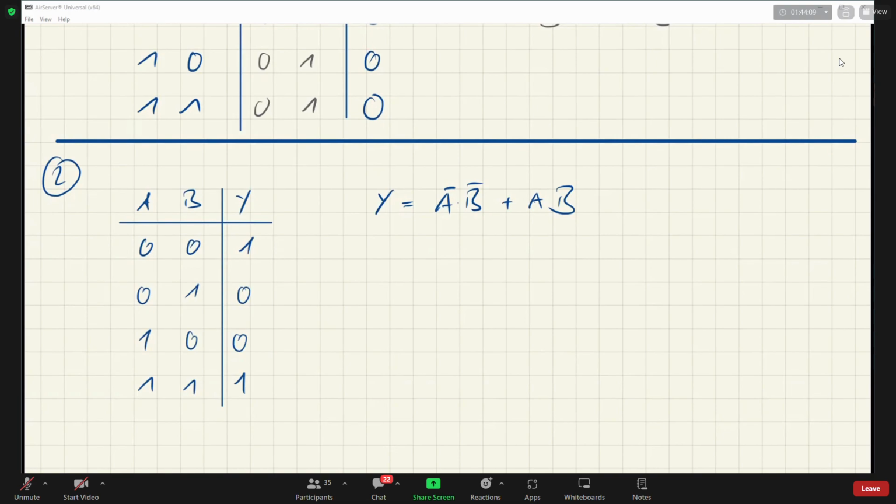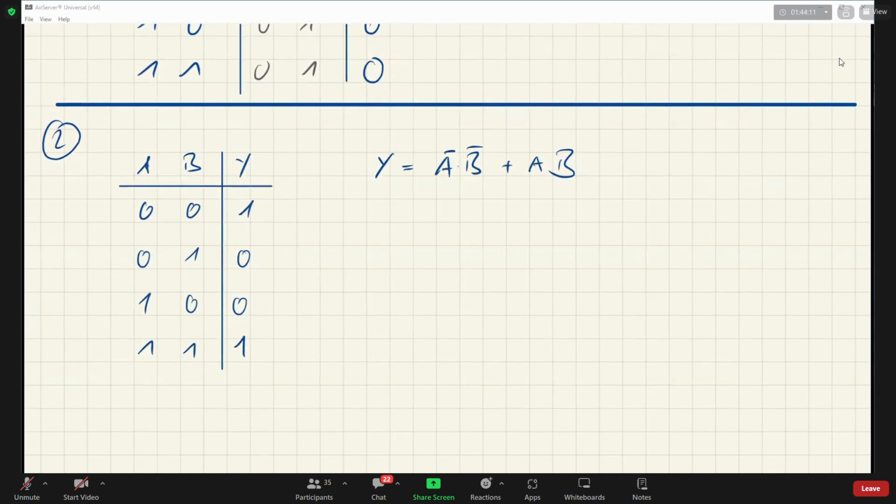So if you're drawing that, can you first? Then what you would have here is an XOR of A and B.